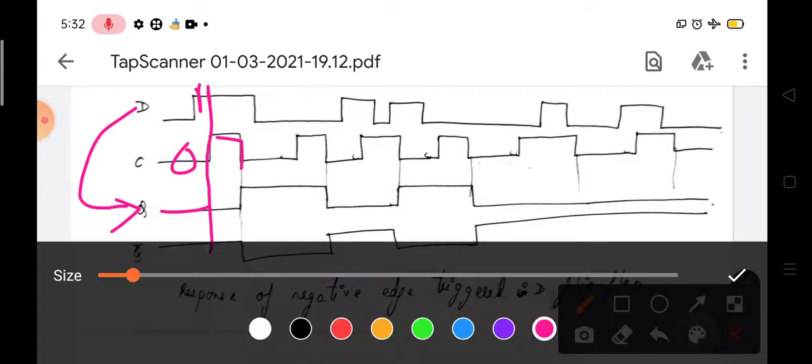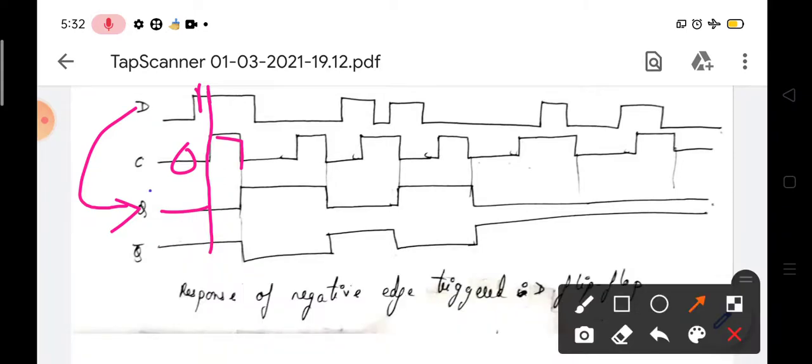It will not appear at the rising edge. Where's the rising edge? See, this is the rising edge. So D will not appear at the output during the rising edge. In the negative edge triggered flip-flop, this status of D, which is 1 when the clock is high, up till this state, will not be appearing at the output.